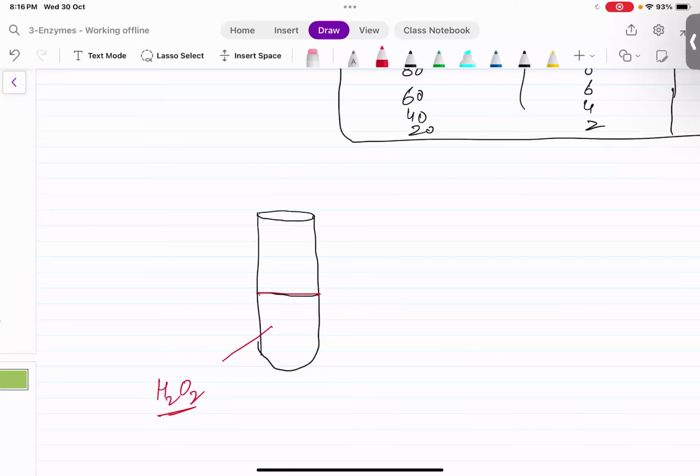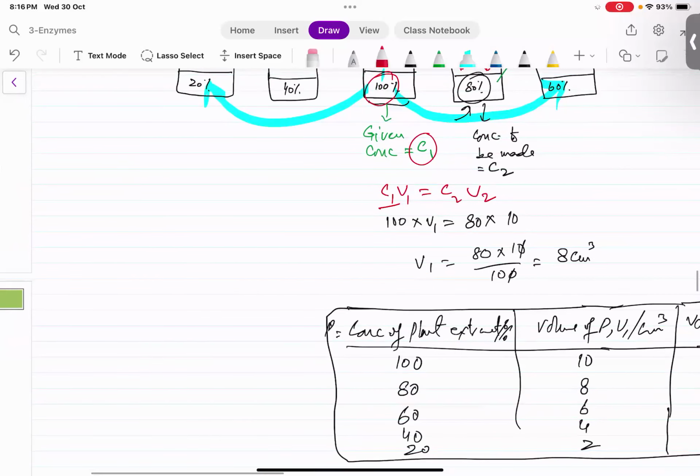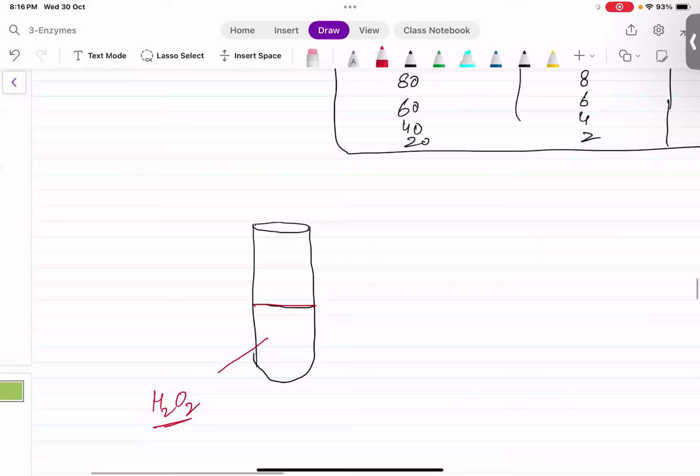And what we do, we place maybe 1 cm³ of this plant extract or 100% plant extract into it with the help of maybe a syringe, or maybe we have a rubber bung fixed into it. This is a stopper fixed into it.